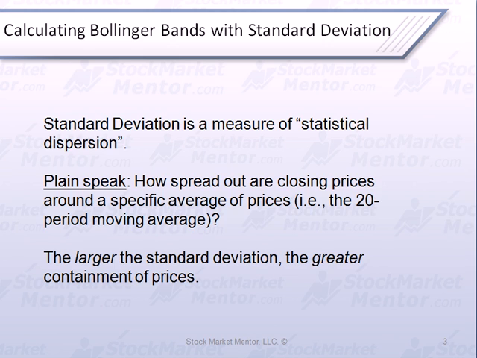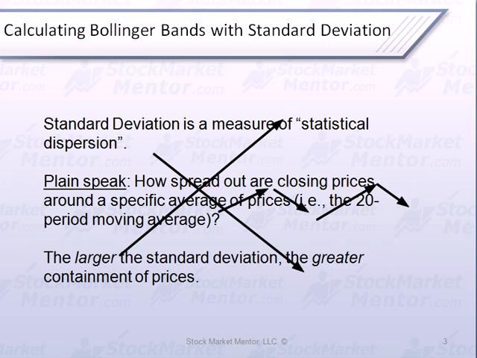So if it's a daily chart, the 20-day moving average. If it's a weekly chart, the 20-week moving average. And so you look at that moving average, and again, moving averages can be moving higher, they can be moving lower, they can be trending sideways.